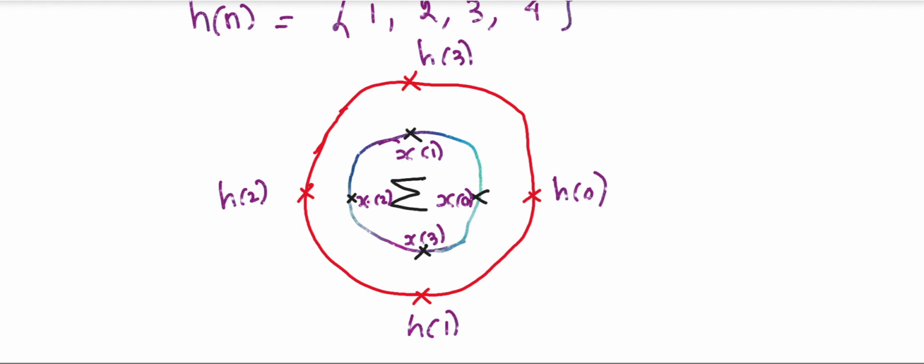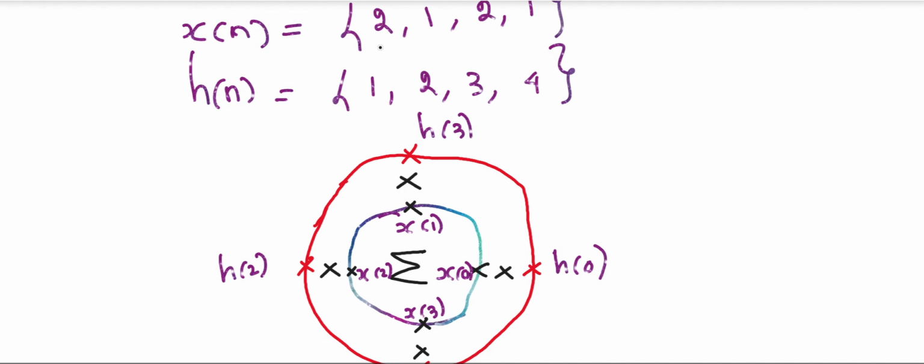So, represent the values of x of n. I'll write down the values. You have to multiply both circles at the same angular position and finally sum the products.